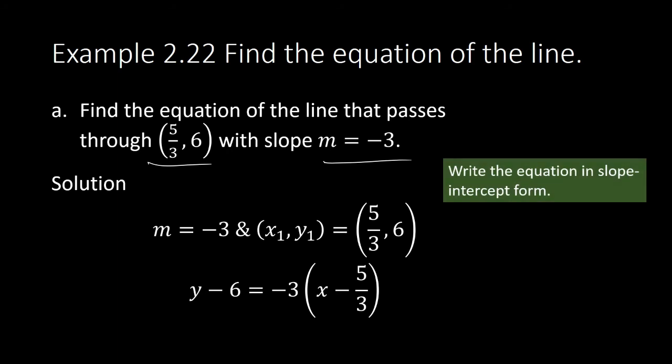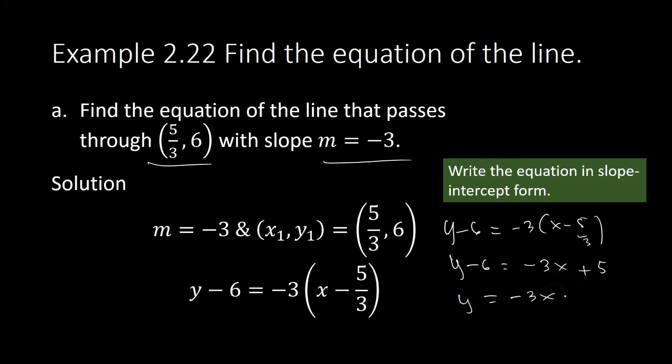So let us write it in slope-intercept form. In slope-intercept form, this is y is equal to -3x plus 11.